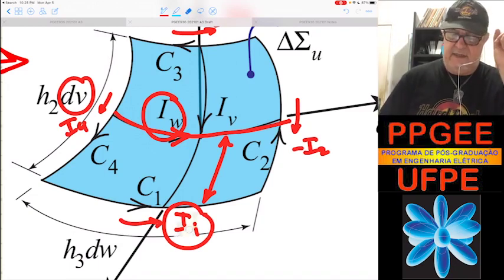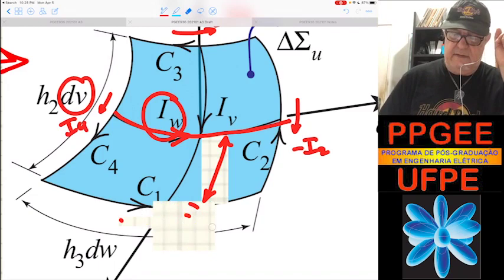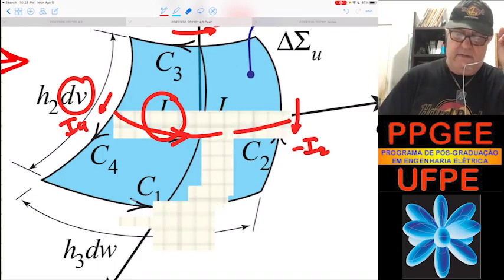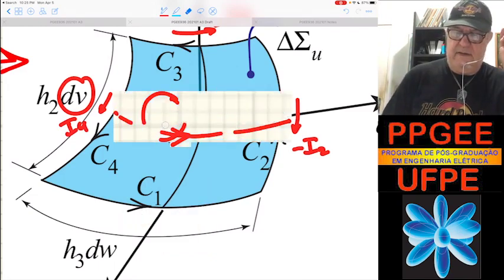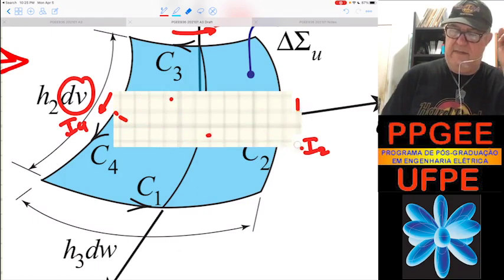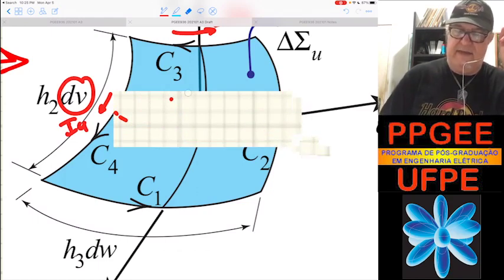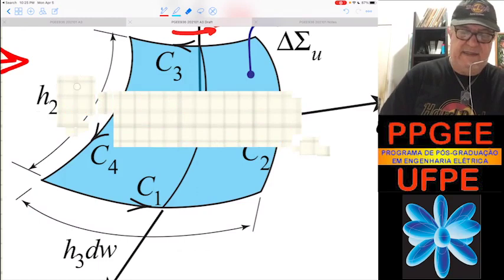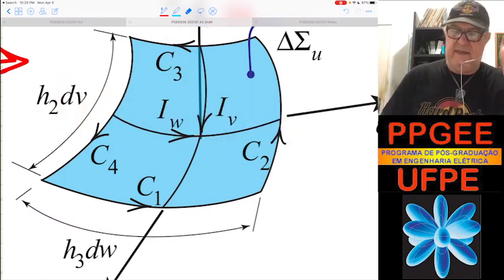I'll just erase this thing here so you can see it better. Too many things here. Let me make one at a time so you don't have a mess. So let's make only I1.